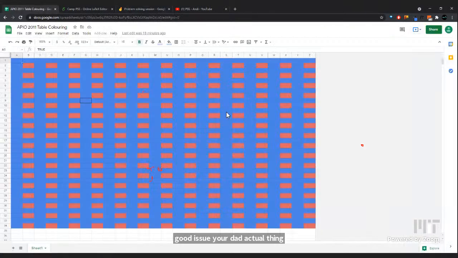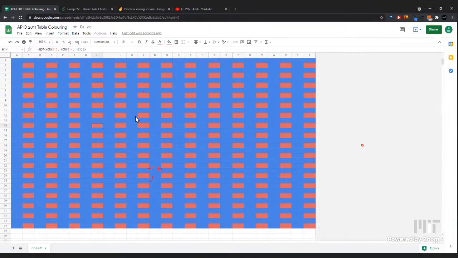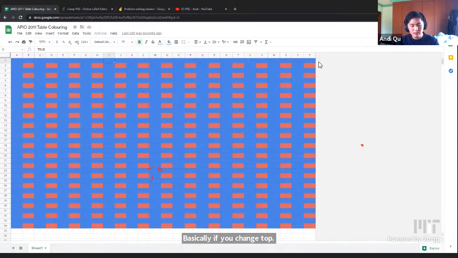Okay. Can you just explain that changing thing? Basically, if you change a top row cell, so let's say you change this to red, then only this column gets changed, right? Yeah.